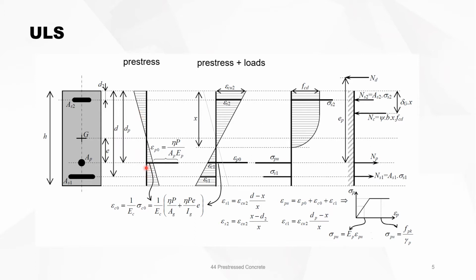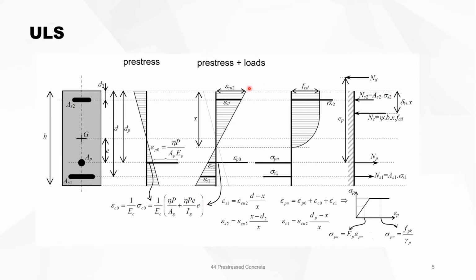The tendon itself has a strain, a negative strain, which is equal to the force in the tendon divided by the cross-section of the tendon and the modulus of elasticity of the tendon.